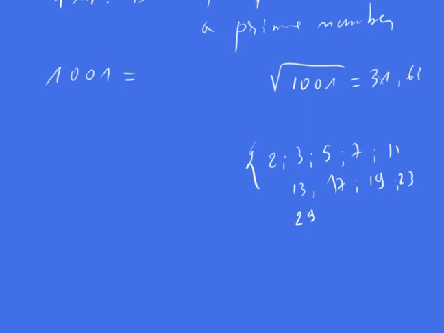I think those are all the numbers lower than 31. So we can test each one if it is a divisor of 1001.